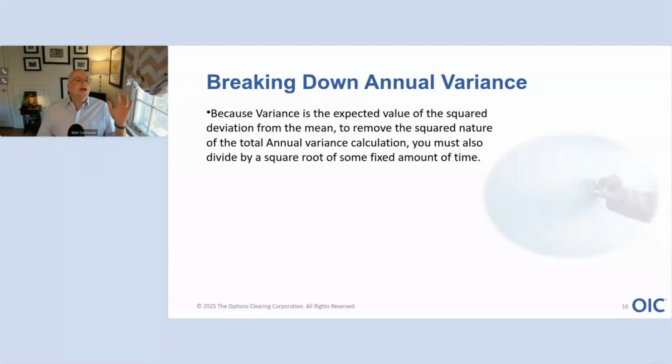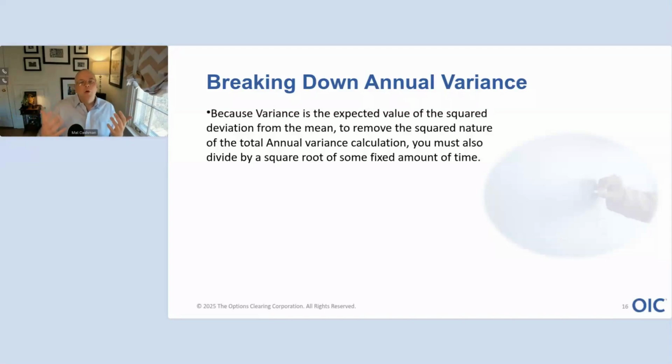The reason why is because variance is the actual expected value of the squared deviation from the mean. And so when you create this annual variance number by multiplying those two numbers together, remember, the implied vol times the actual asset price, the underlying price, what you're ending up with is an annual variance number that is the sum of the squares, right?